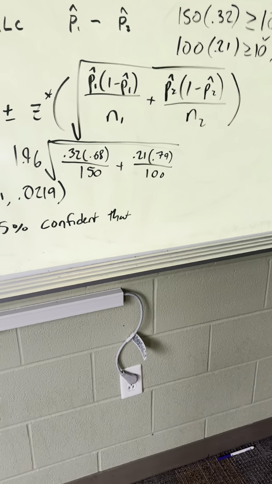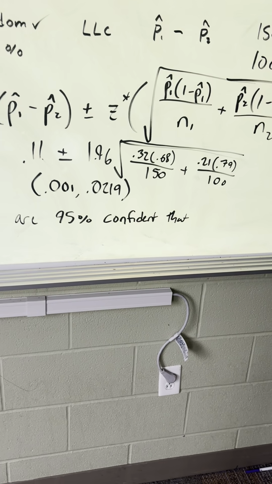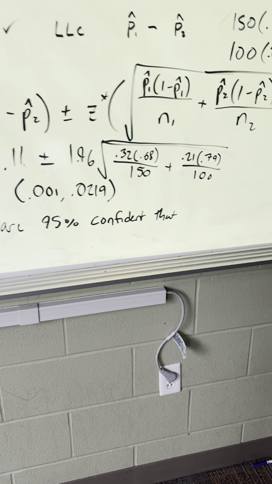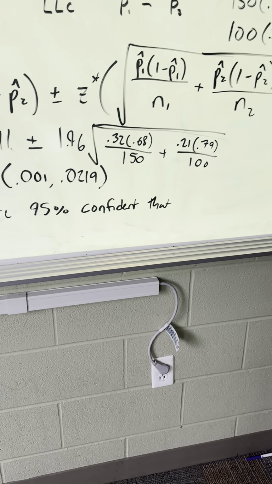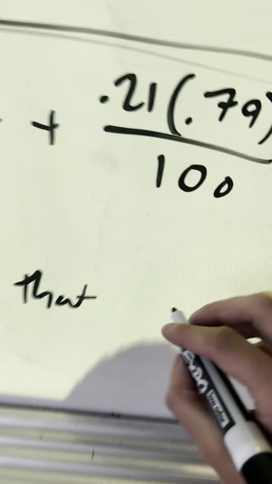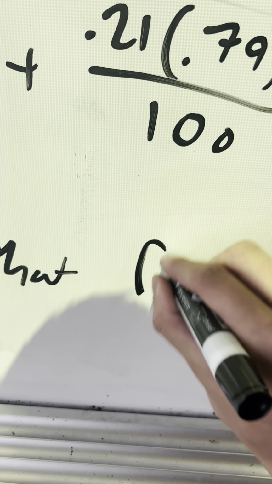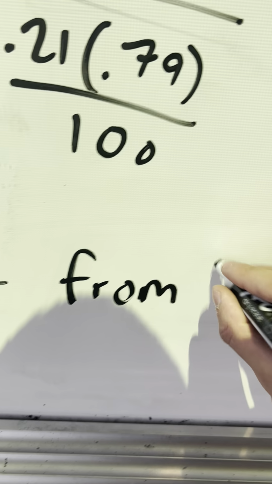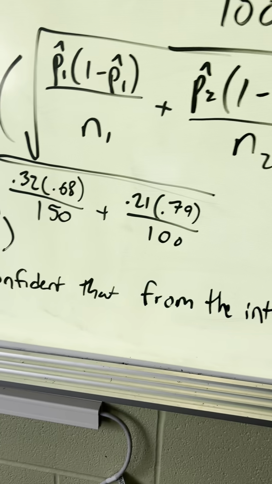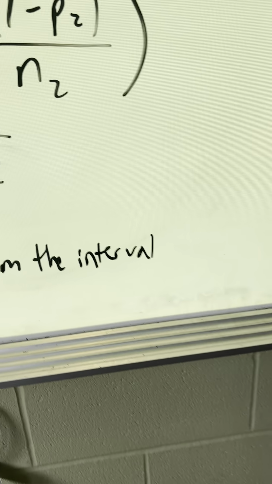If you say that there's a 95% chance or something like that, they will flag your answer and mark you as incorrect. So what we need to say is that we are 95% confident that from the interval of 0.001 and 0.0219.